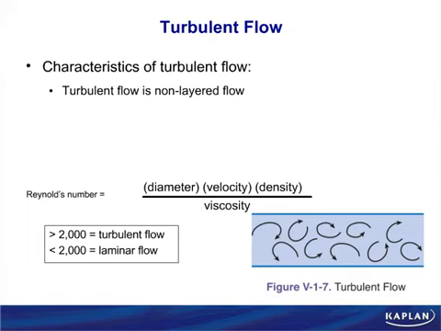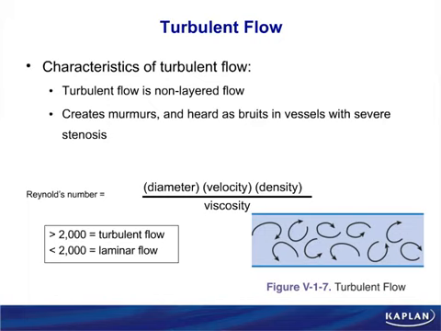All right, why do we care about turbulent flow? Two big things about turbulence. Because turbulence you can hear. And so this will be, if you have it in a peripheral blood vessel, something called a bruit. So a bruit means an abnormal sound in a peripheral blood vessel. Since blood is normally flowing in a laminar pattern, you can't hear it.